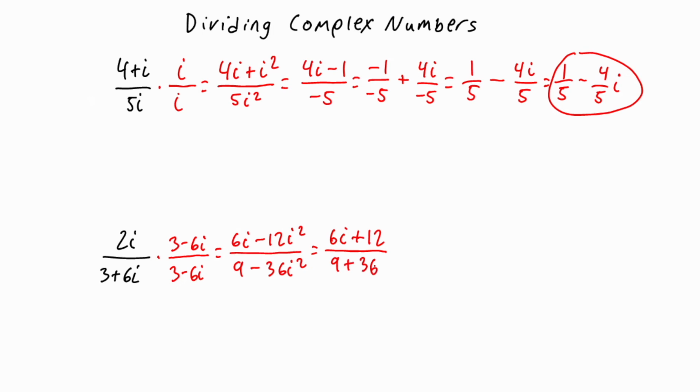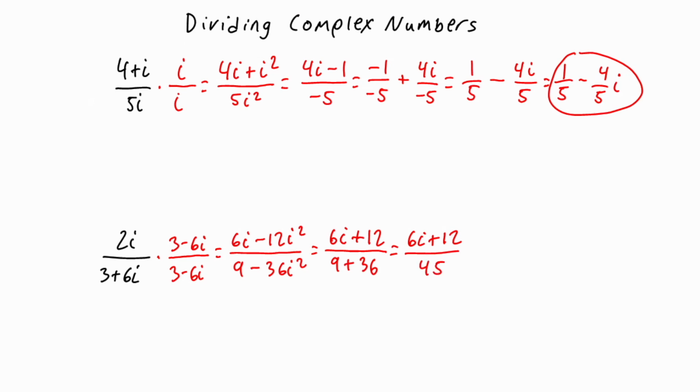Again, i squared becomes negative 1 and changes the sign. So now on the bottom, 9 plus 36 we can add up. So on top stays exactly the same. And on the bottom, 9 plus 36 is 45.